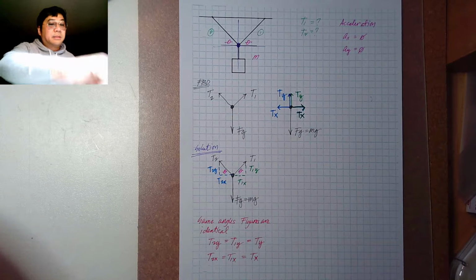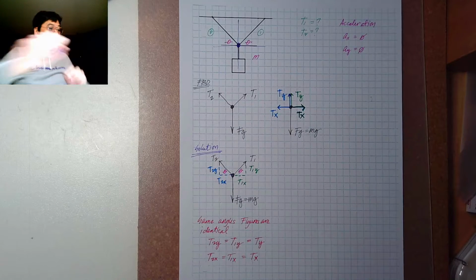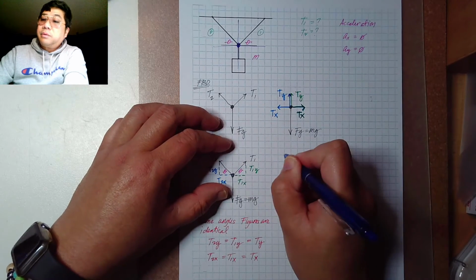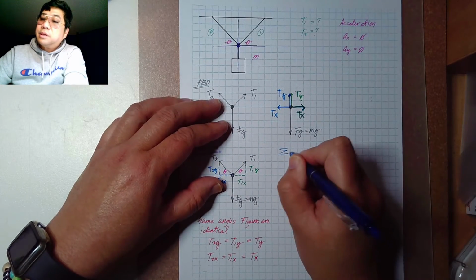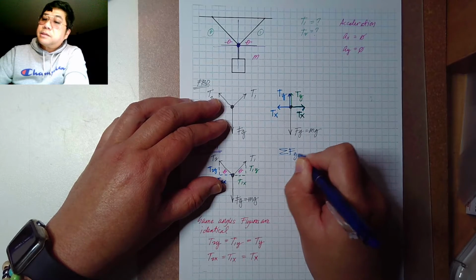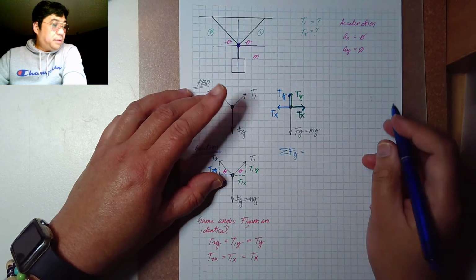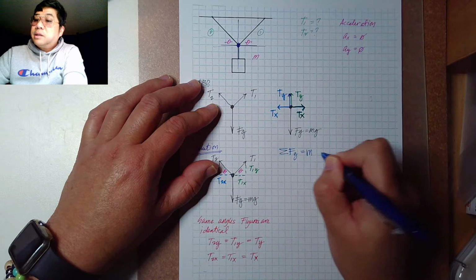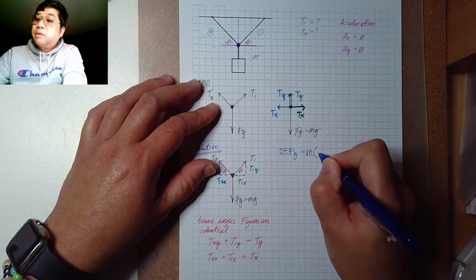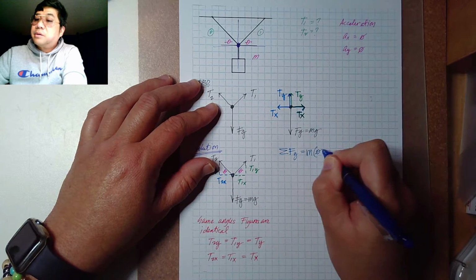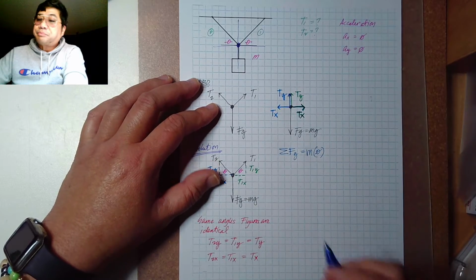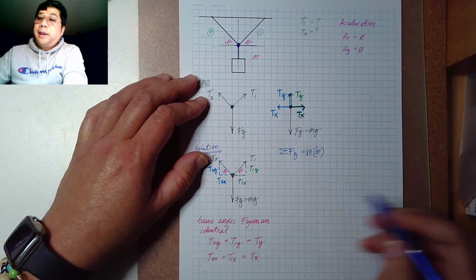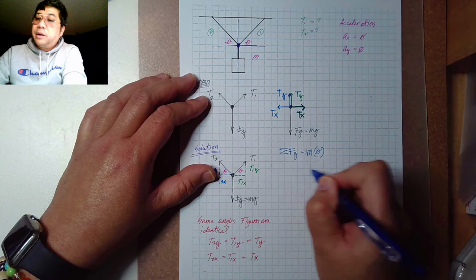Now let's proceed with a very simple solution right here. You can say that the summation of forces along the y-axis is simply equivalent to mass times the acceleration due to gravity along the y-axis, which is 0, as we have indicated here. So we can just say the different forces positive going up.